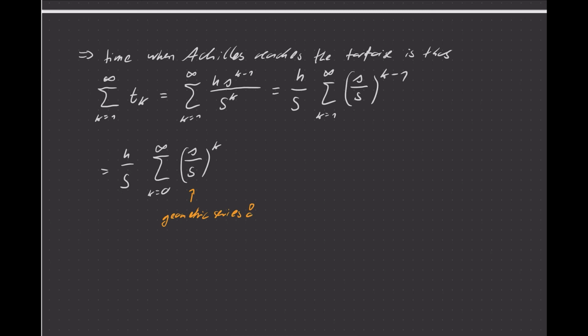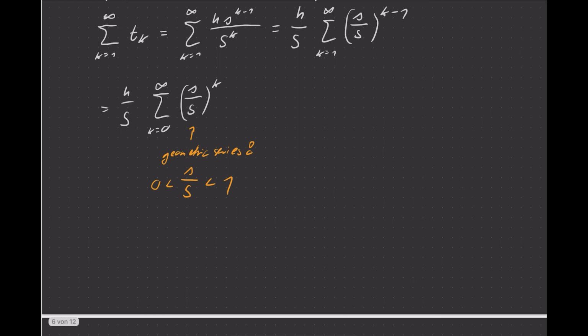And we also know that the speed of Achilles is higher than that of the tortoise. So that means this fraction here is surely somewhere between 0 and 1, but strictly less than 1. So the series does indeed converge.